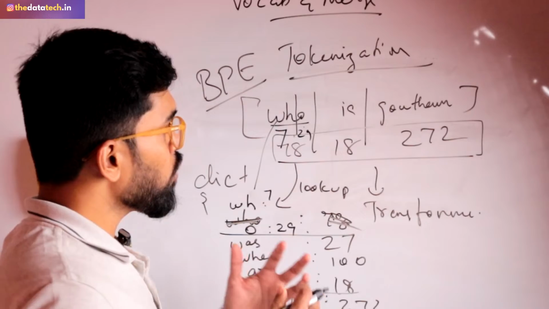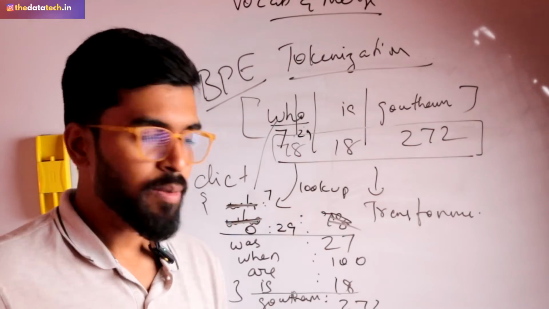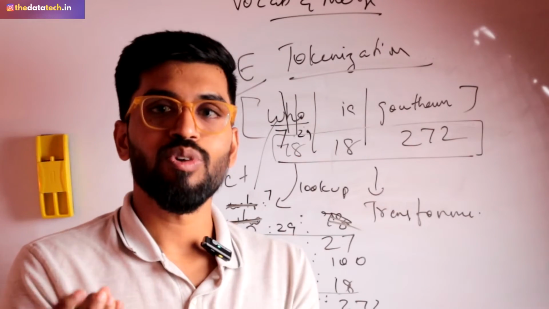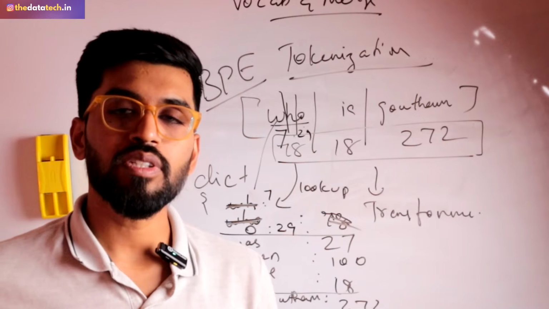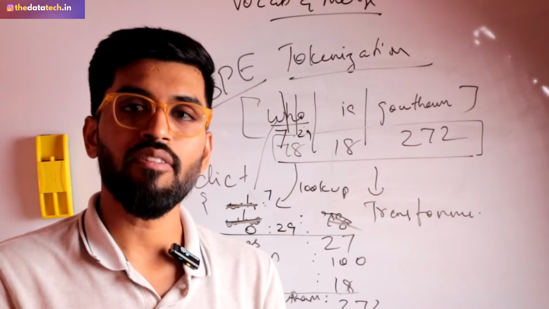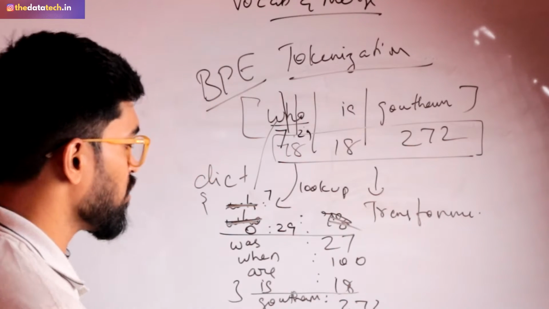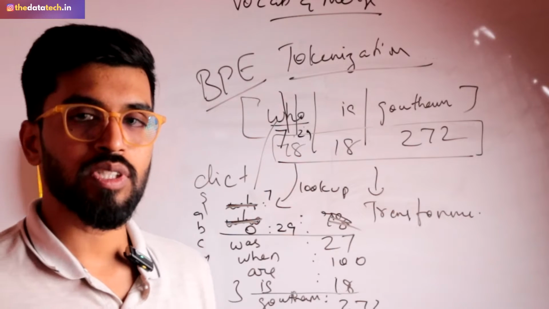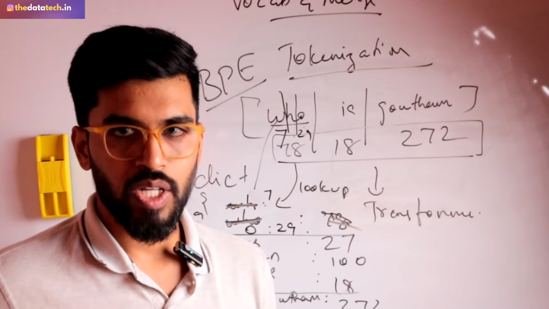Now imagine what if WH is also not there? Then again it will split the subword into individual characters. This dictionary 100% definitely will have A to Z characters as individual characters with token IDs, for example A, B, C, D, E, F, and some numbers will be assigned to them.